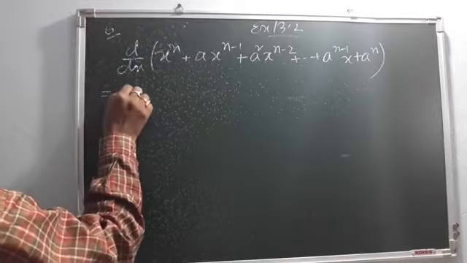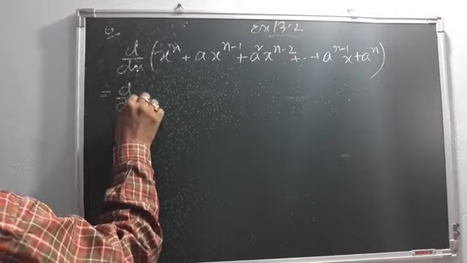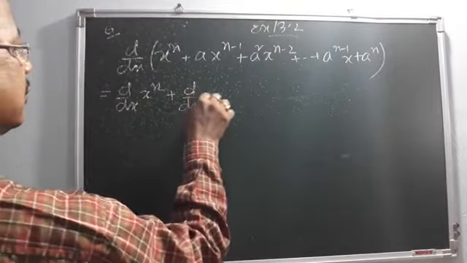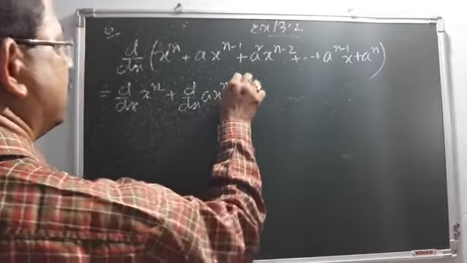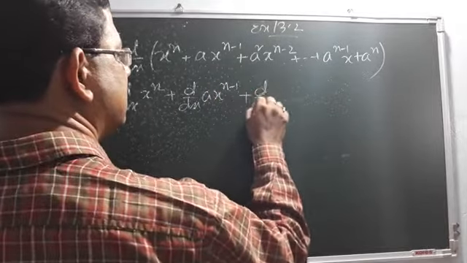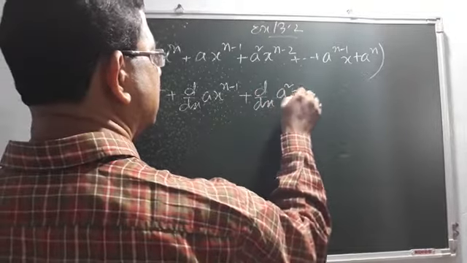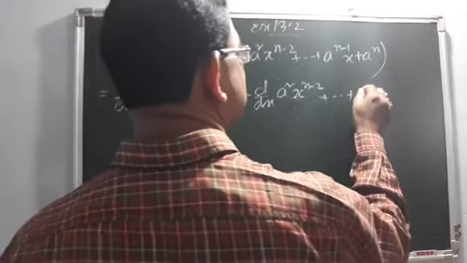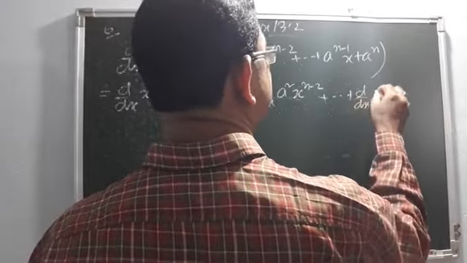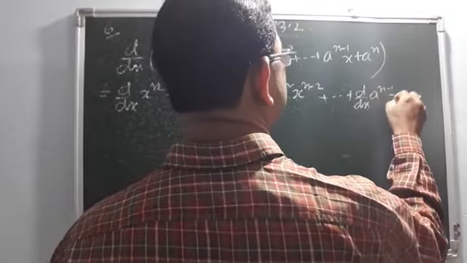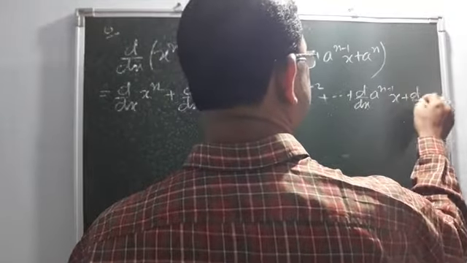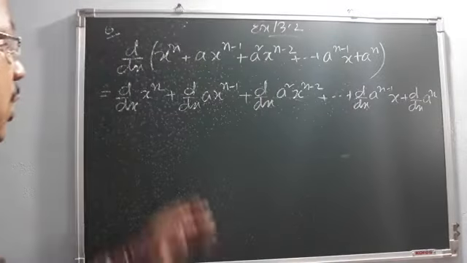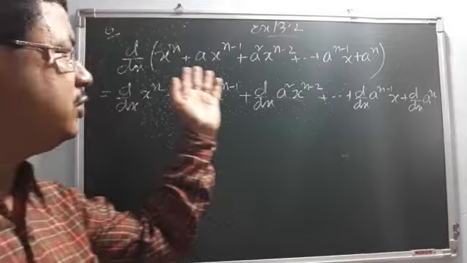So see, d dx of x to the power n, d dx of a x to the power n minus 1, d dx of a square x to the power n minus 2, plus d dx of a to the power n minus 1 x, d dx of a to the power n. So what I have done, I have taken d dx in each term. It is by rule.